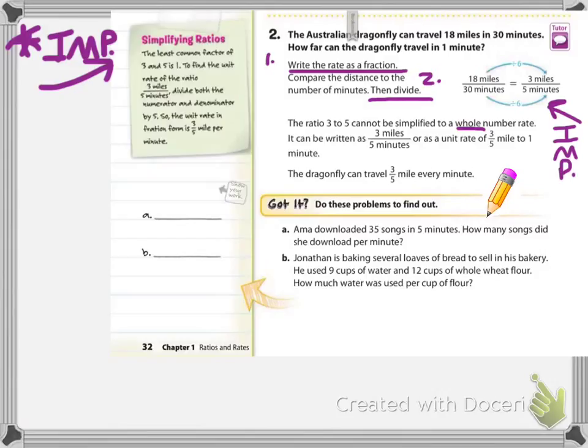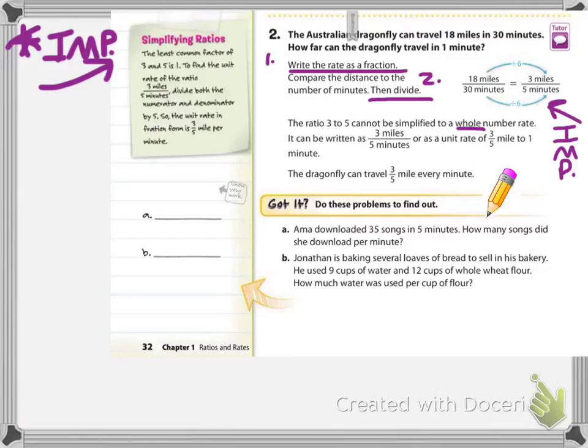If you look over here with the blue arrows, it's asking you to divide what's the greatest common factor of 18 and 30, and it would be 6. So you can simplify this down, dividing top and bottom by 6 to 3 miles in 5 minutes.